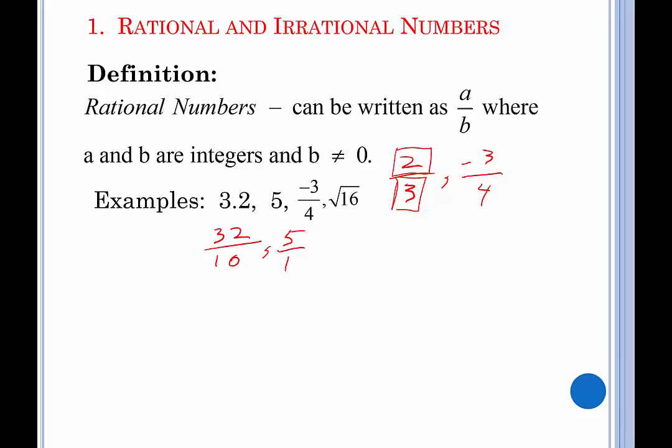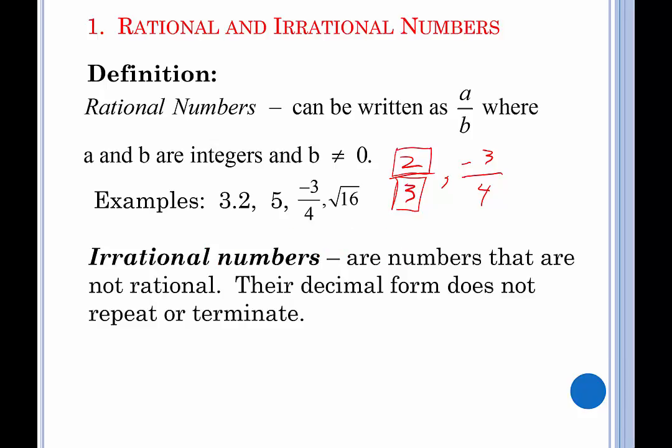Again, still rational. The -3/4 is already rational. It's already being written as an integer over an integer. And the square root of 16, we can simplify that because 16 is a perfect square. So the square root of 16 is just 4, and we can write that as 4 over 1. So if you can write it as a fraction, then it's rational.